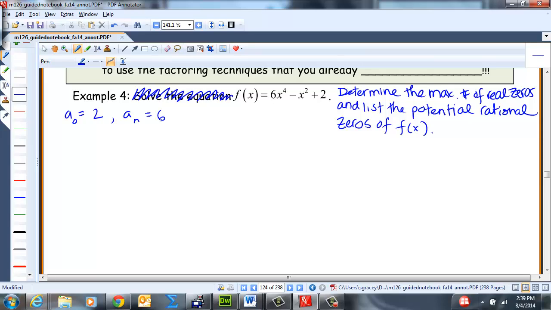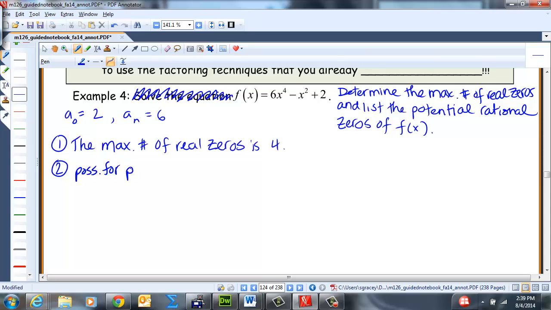So let's see. What is the max number of real zeros? It is 4 because we have a 4th degree polynomial. And then, okay, possibilities for p are, don't be tricked, p is a factor of the constant term.